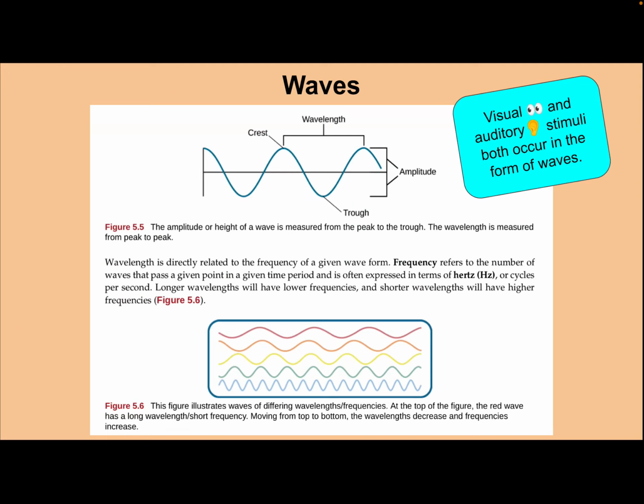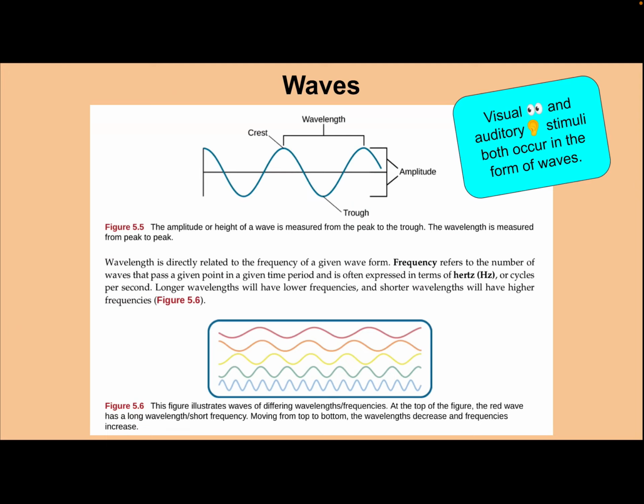This says that wavelength is directly related to the frequency of a given waveform. So frequency is the number of waves that pass a given point in a time period. Frequency is often expressed in hertz, those are the units of measurement, or often cycles per second. Longer wavelengths have lower frequencies, right? The longer the wavelength, the more stretched out it is, the fewer times it occurs in the same period of time.